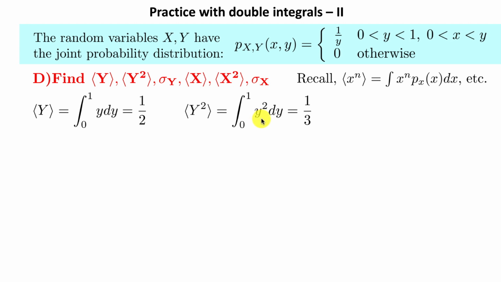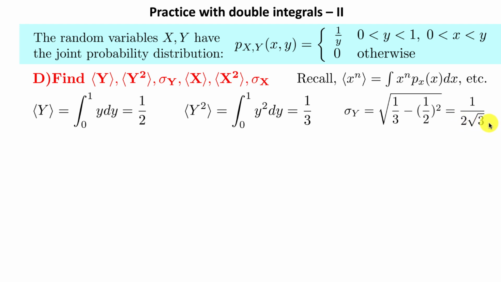And so this is y cubed over 3, which gives 1/3. If you remember the formula for the standard deviation, well, sigma_y squared is equal to the average value of y squared minus the average of y, squared, and so that's 1/3 minus a half squared, which is equal to 1 over 2 square root 3.